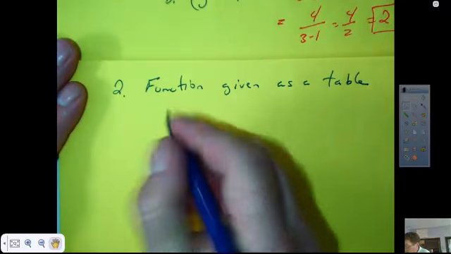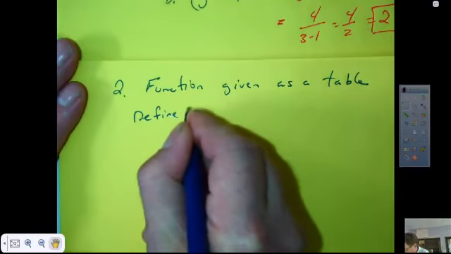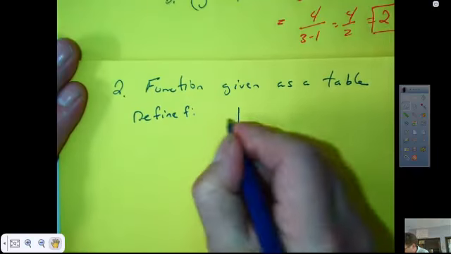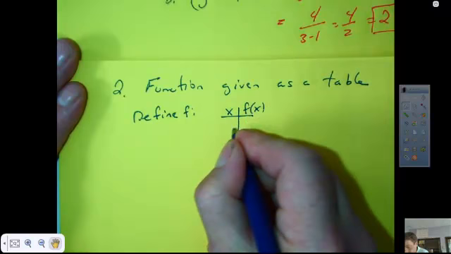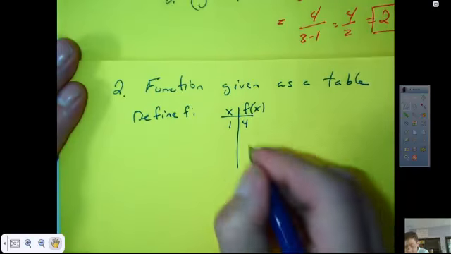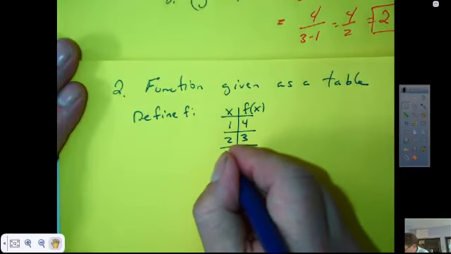So we define f as this function, (1, 4, 2, 3). We're given this as a table.